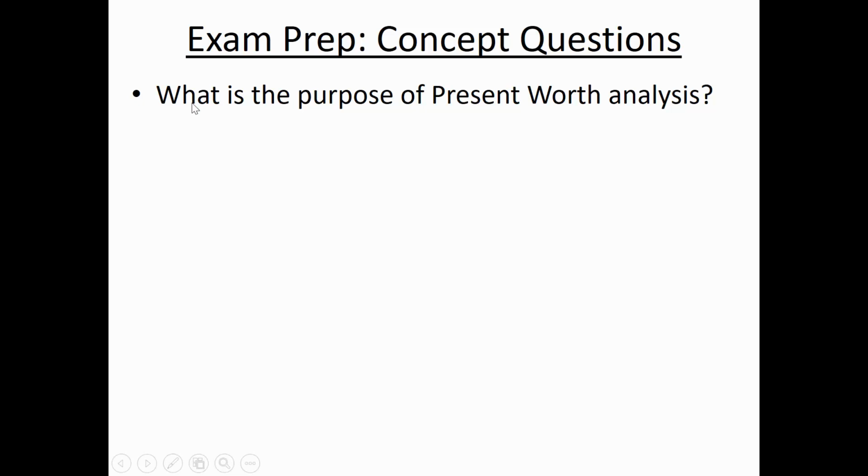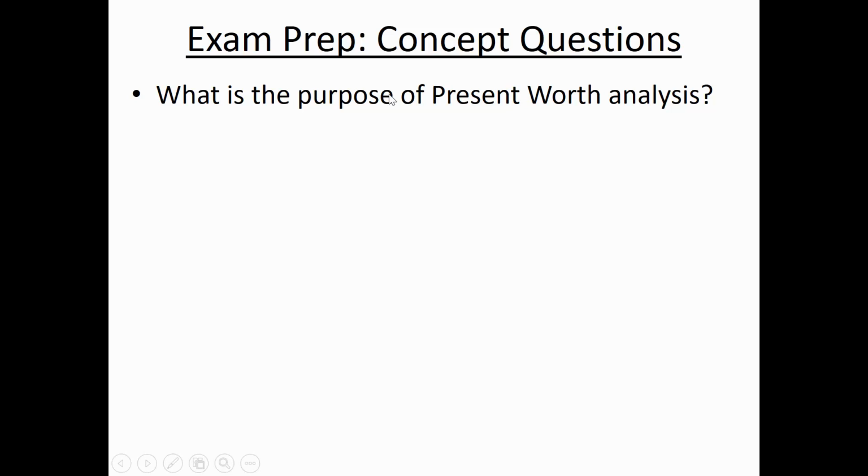In this case, it's a pretty straightforward idea. The purpose of present worth analysis is to choose from among alternatives. Actually, you could say that that's the purpose of this whole class, is economic decision making, trying to find which alternative is better. Now, in the case of present worth analysis, the fact that you're doing it means that the two cash flow diagrams have different amounts in different years.